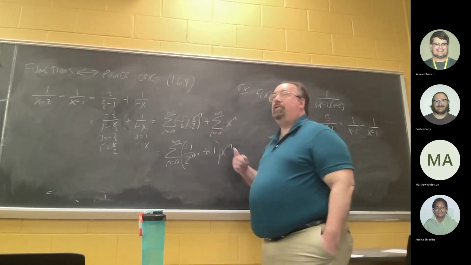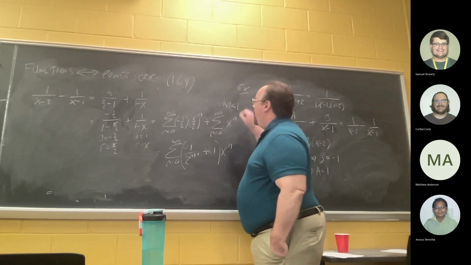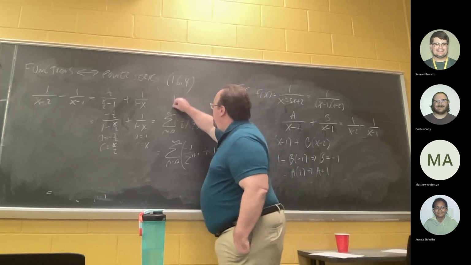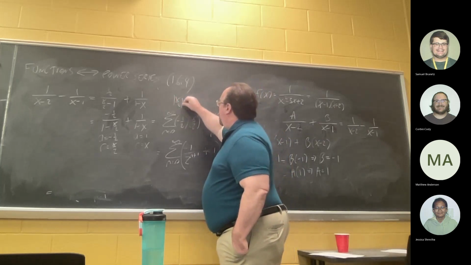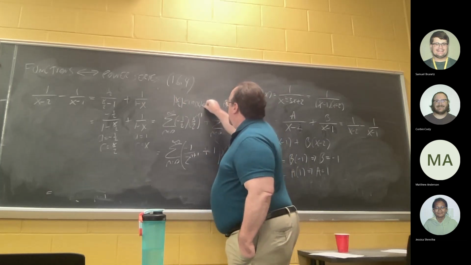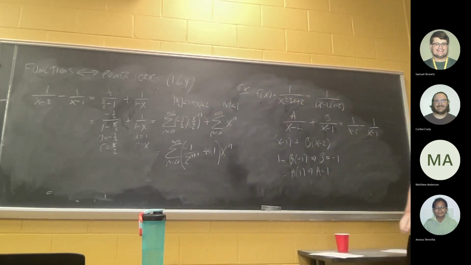Because these series converge under different circumstances. This converges if the absolute value of x is less than 1. Whereas for this one, the absolute value of x over 2 must be less than 1, so the absolute value of x must be less than 2. But remember what I said earlier about combining series: if you're combining two series that converge, then the sum converges.